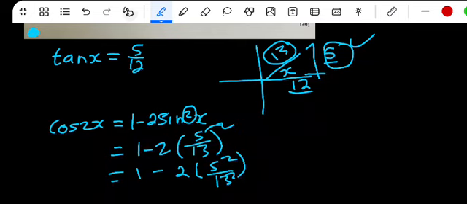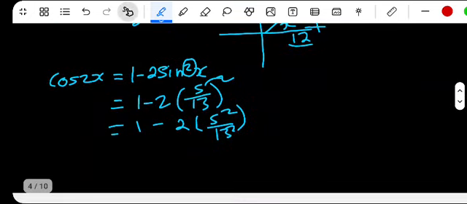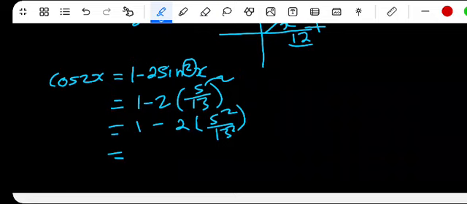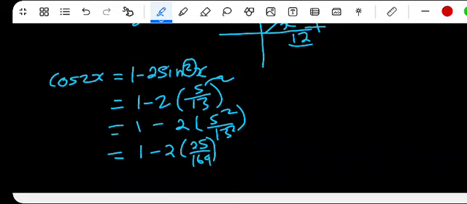This will be 1 minus 2 times 25 over 13 squared, which is the same as 169.